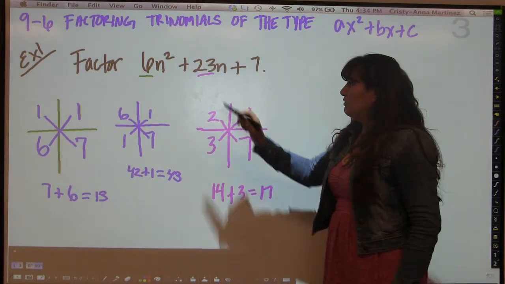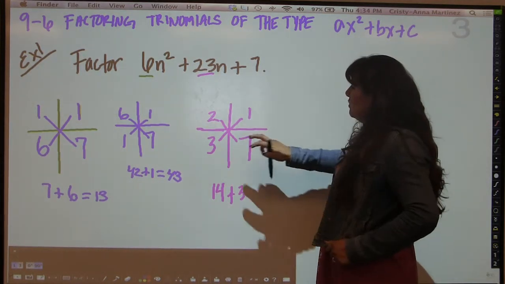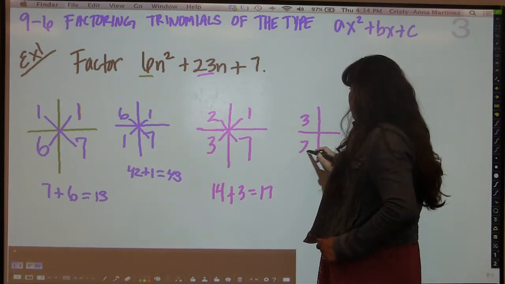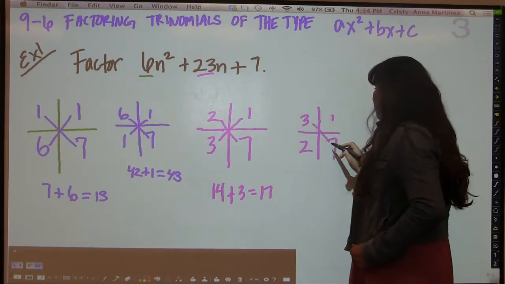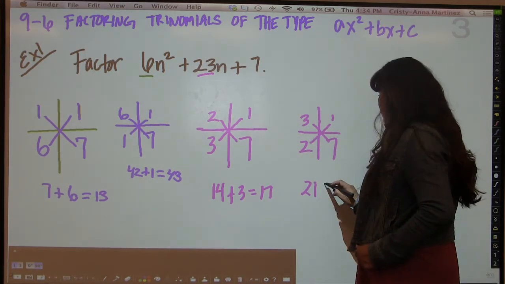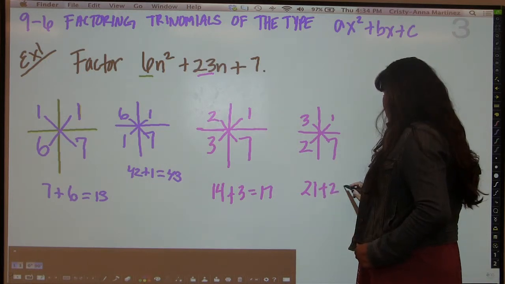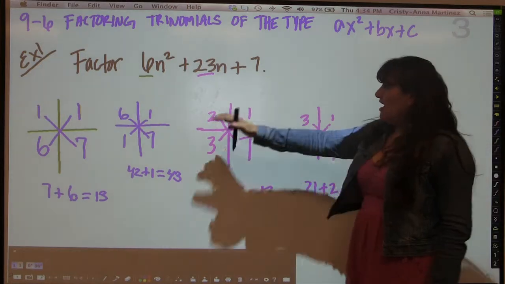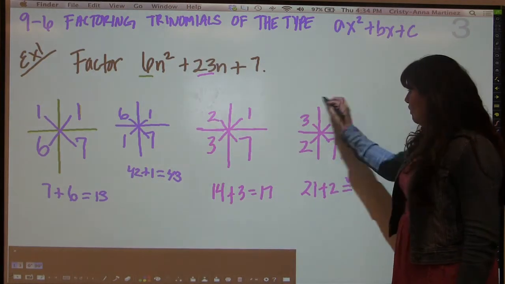Remember, I need to get 23. So then I'm going to try to reverse the 2 and the 3. So now I'm going to put 3 and 2, 1 and 7. 7 times 3 is 21, and 1 times 2 is 2, and 21 plus 2 is finally, yay, we get 23. So out of all of these trials, this is the one that works.